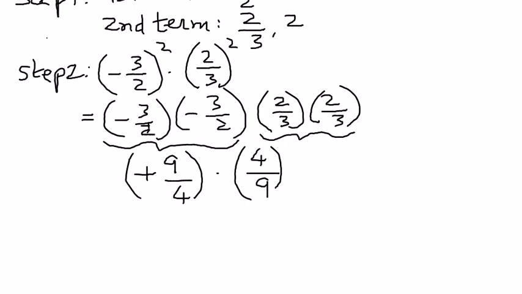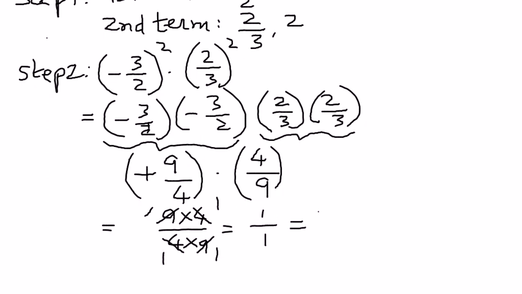When we multiply them out, it comes out as 9 times 4 divided by 4 times 9. As we mentioned before, when we have numbers which are multiples of each other in the numerator and denominator, we can simplify them. 9 times 1 is 9, 9 times 1 is 9, 4 times 1 is 4, 4 times 1 is 4, therefore we have 1 divided by 1, which is equal to 1.